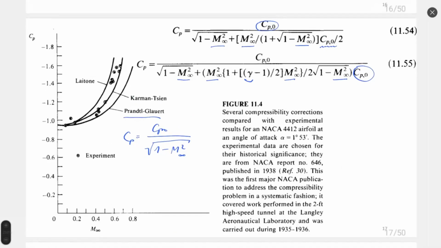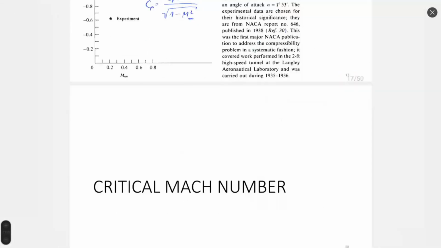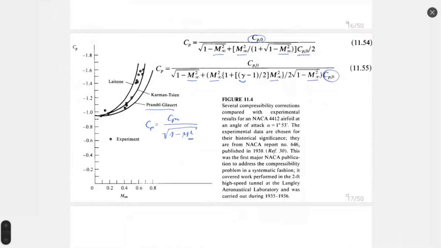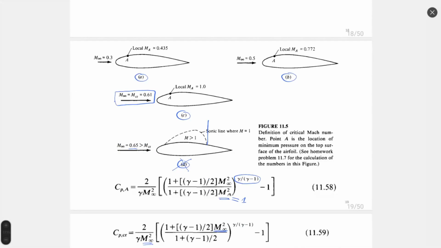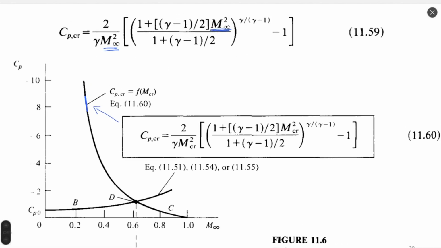One of these three equations gives the pressure coefficient distribution: 54, 55, and the general Prandtl-Glauert correction, which are also functions of M infinite or M critical, and CP0, which is a known value for incompressible flow. So we can plot one of these equations describing compressibility corrections.